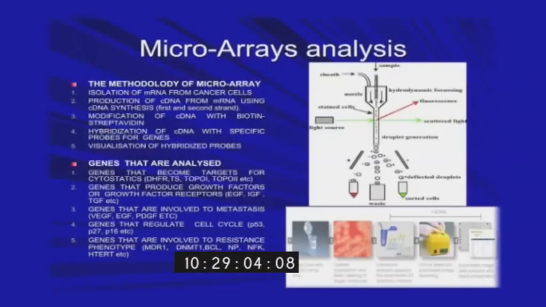And we use slides from CombiMatrix, which has 90,000 dots, 2.5 times more than the human genome. Easy and simple. So you can hybridize your cDNA and see information which is important for how you will deal with your cancer. For example, DHFR, TS, or Topo 1 or 2 are targets for cytotoxic drugs.